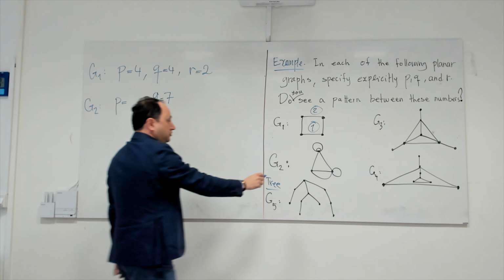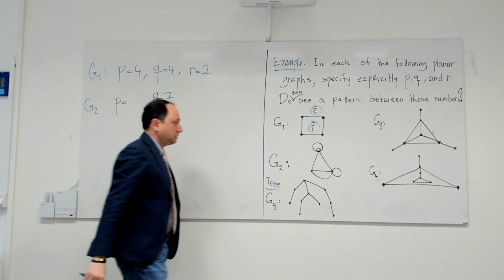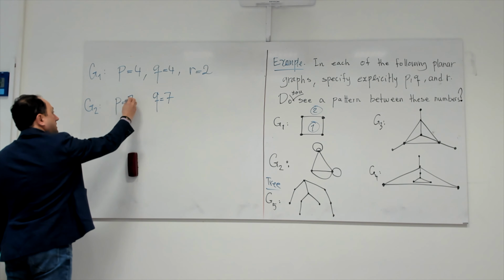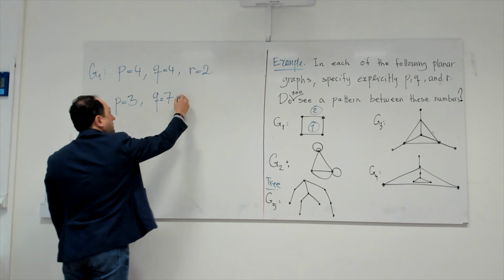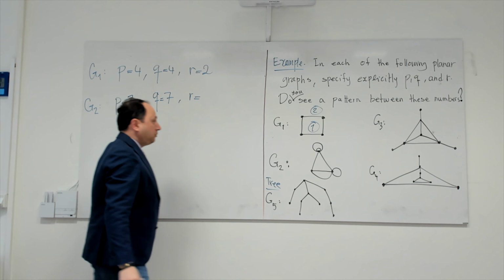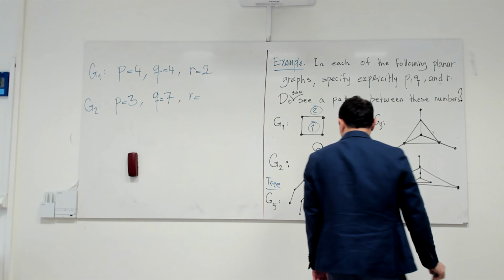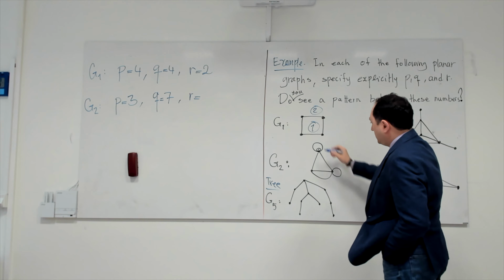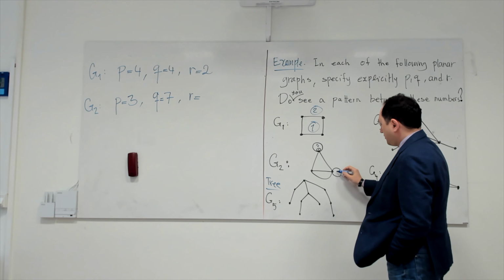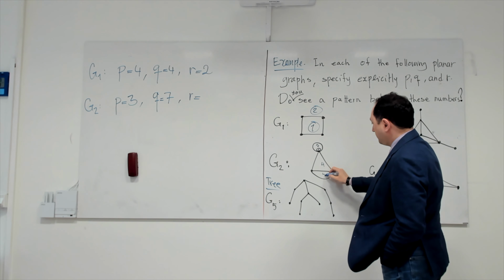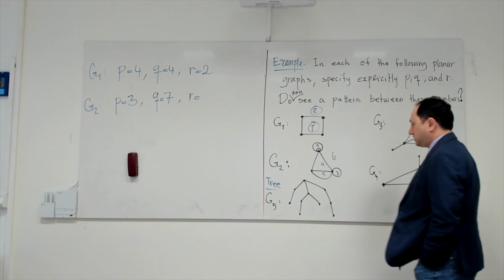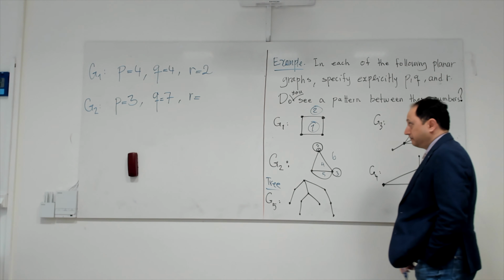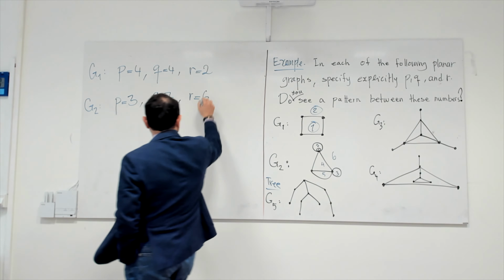I have just a triangle, yes? So the number of vertices is 3. And how many regions could you realize here? One region is this one, the other region is here, 3, 4, and 5, 1 outside, 6. So I have 6 regions.